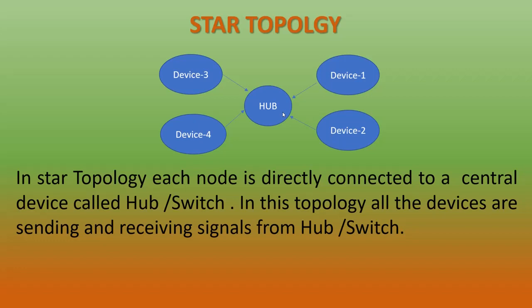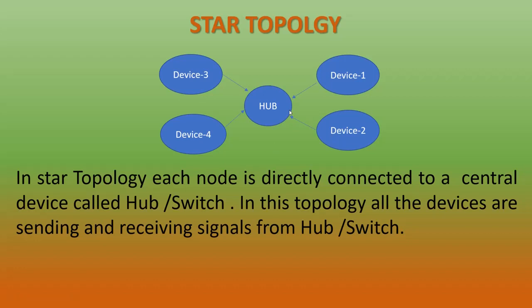Now, if you want to add a new node into this network, you can add that new node anywhere in the hub. You can directly add a new node into this hub without affecting the other network devices, without affecting the performance of the network.